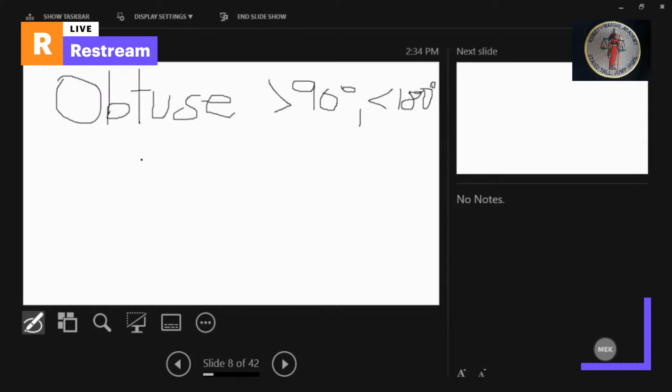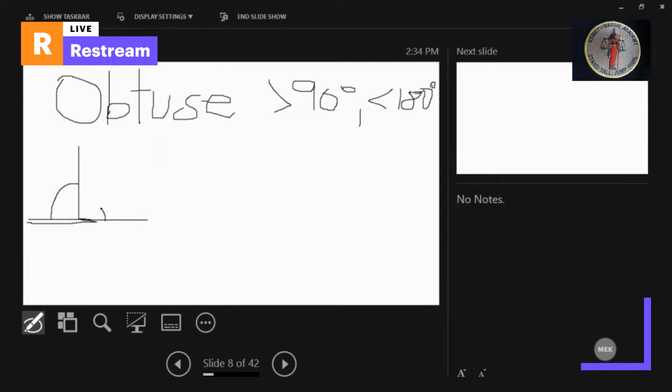Okay. So since the 90-degree angle would look like a little thing like that, the 180 would be straight across, right? Straight across. So the obtuse then would be anywhere from here to there.